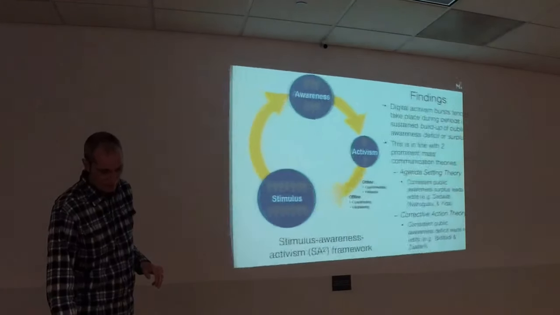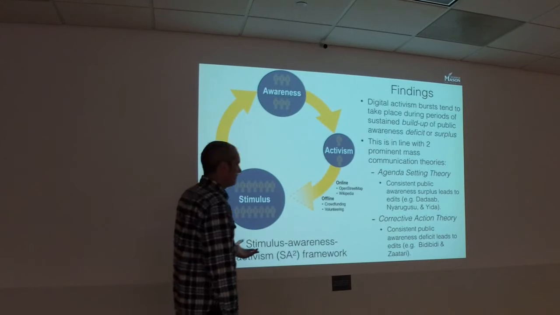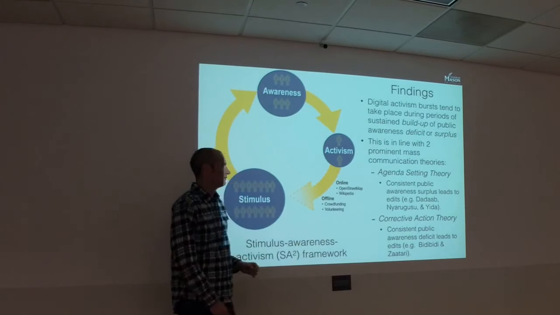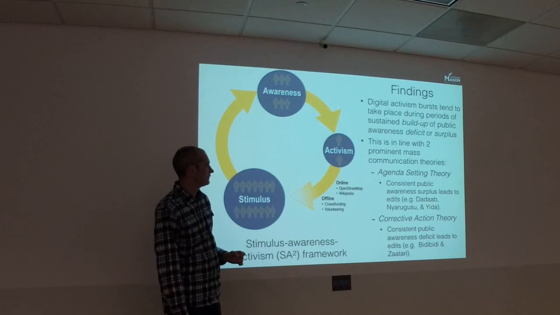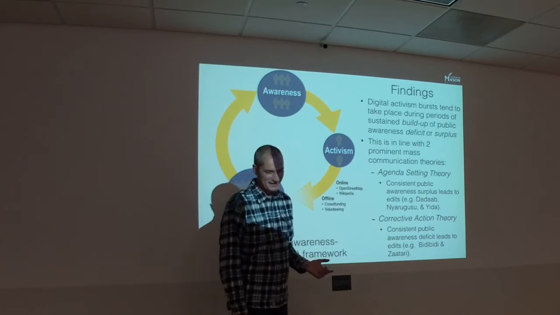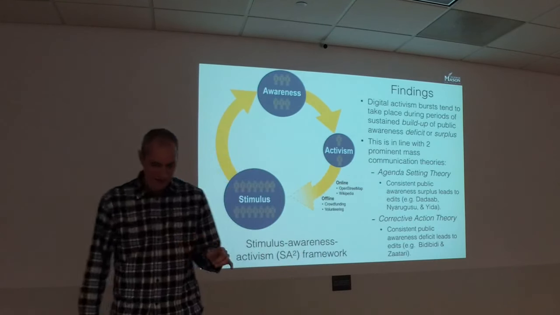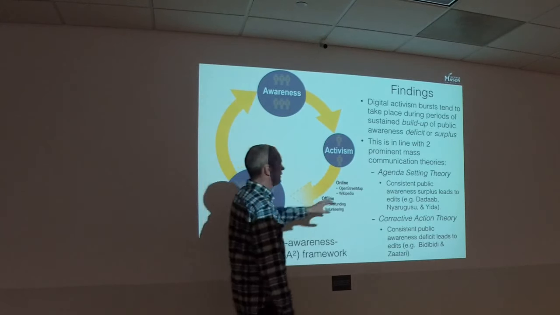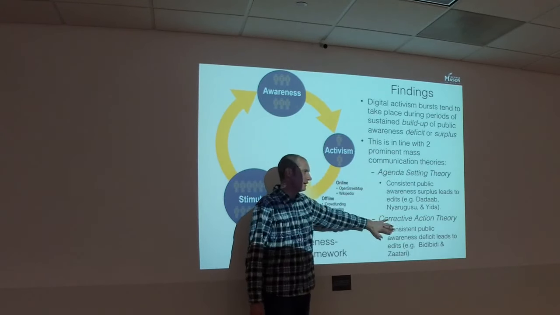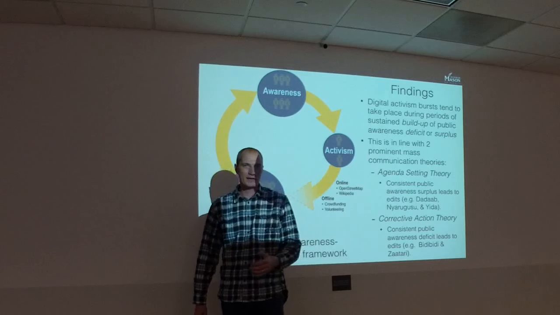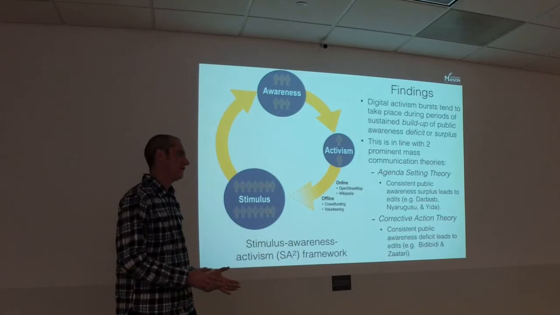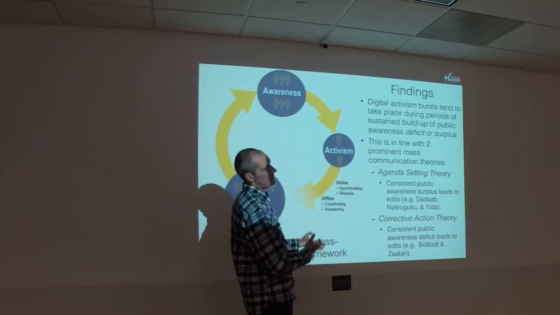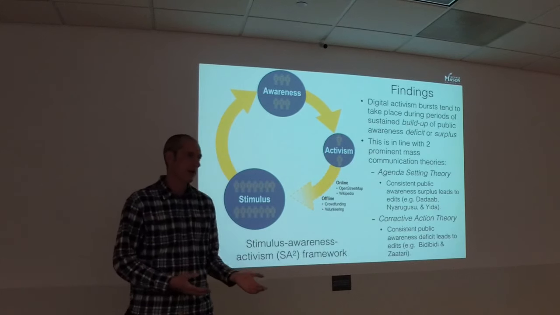And on theory, I know sometimes people complain I don't talk about theory enough, but in communication theory, there are two things. There's agenda setting theory and corrective action theory, which sort of explains why you have this weird pattern of sometimes attention surplus, attention deficit, that leads to these edit patterns occurring.